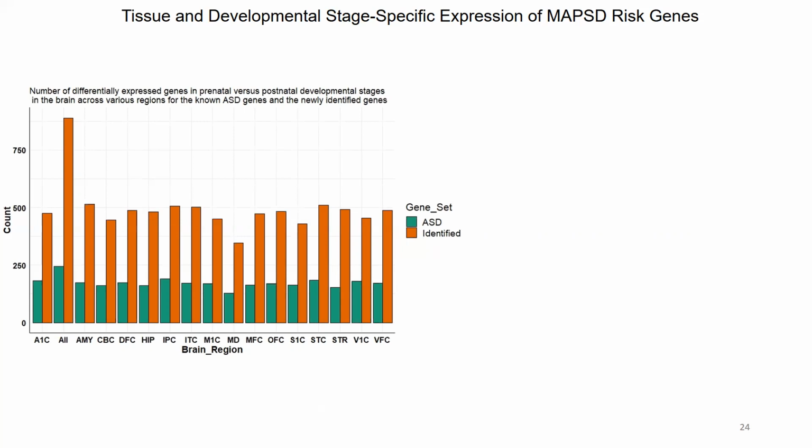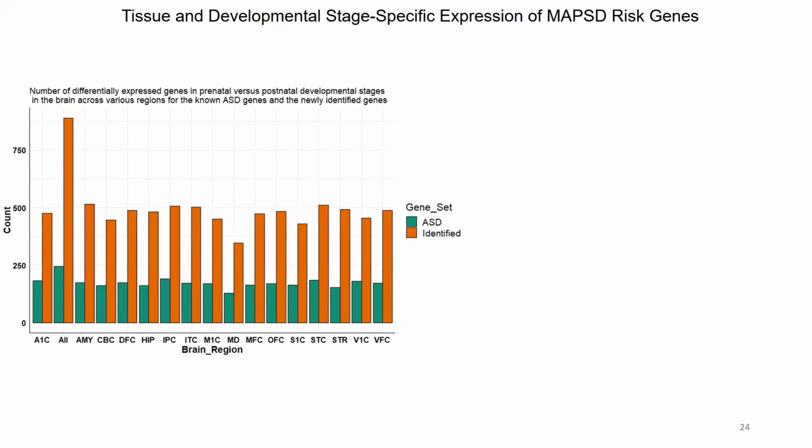For example, the prenatal stage includes 0 to 12 post-conception weeks, or PCW, 13 to 24 PCW, and 25 to 36 PCW.